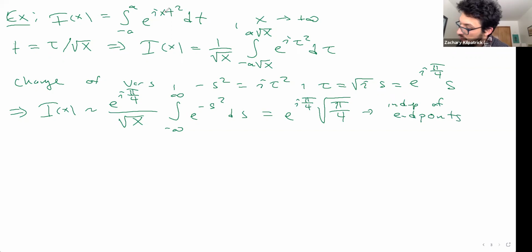Because this is just so large that it's going to push this out to the limits here, right? So you may say, well, at this point, it was a complex exponential, right?